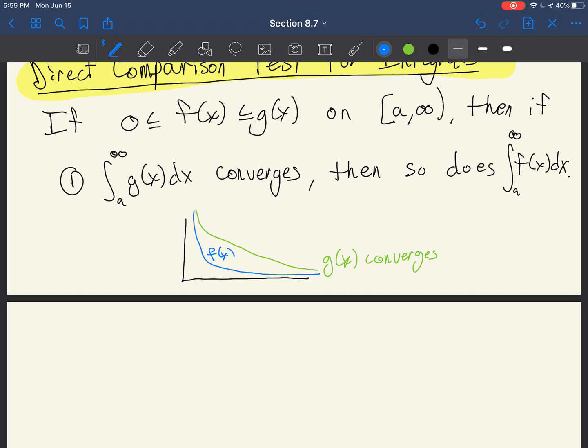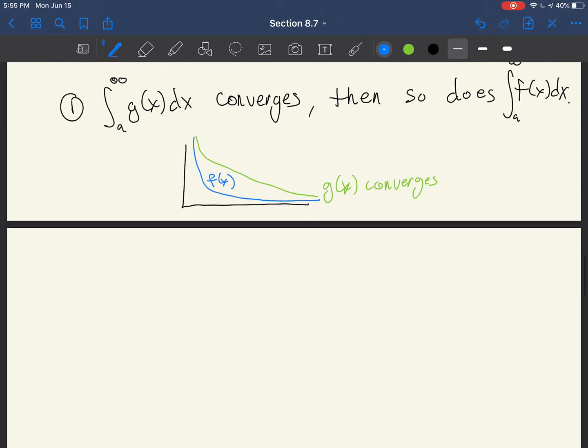Well, f of x is less than g of x, which means that the area below f of x will have to be less than the area below g of x. But if the area below g of x is finite, then you have something less than a finite value. That means that that must also be finite. So therefore, it must converge.